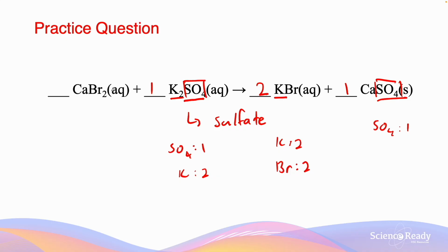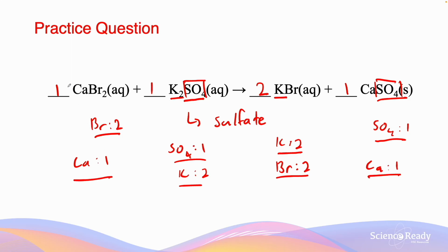Since there are already 2 bromide ions in the calcium bromide, this must be in a ratio of 1 to 2. So a 1 can be added to the coefficient. So the bromines are the same on the product and the reactant side, as are the potassiums and the sulfates. The calciums have a total of 1 atom on both the reactant and the product side. Since the number of calciums is now also balanced, we can confirm that these are the correct coefficients which will go before the species to leave us with a balanced equation.